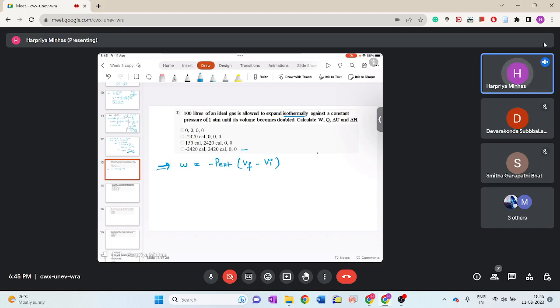Now suppose the initial volume is Vi and Vf is the final volume, and it is given that it becomes double, that is twice the initial volume. Putting this value here, you will get minus P external into Vi.